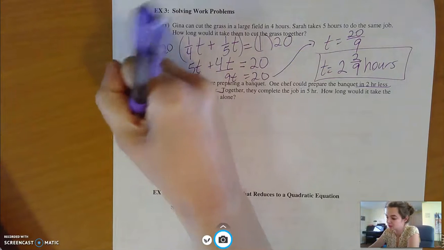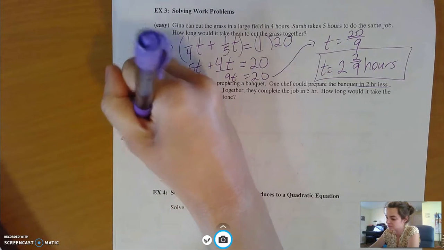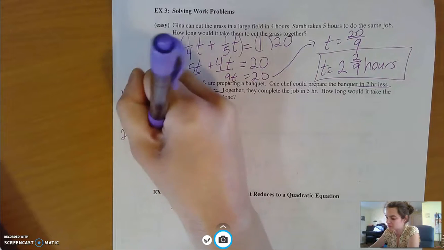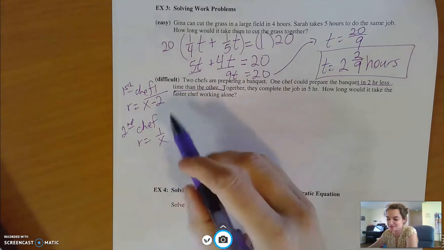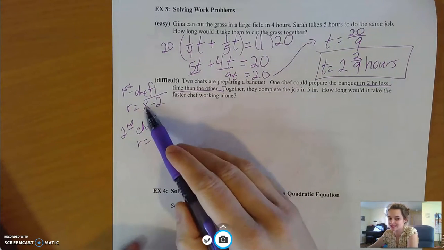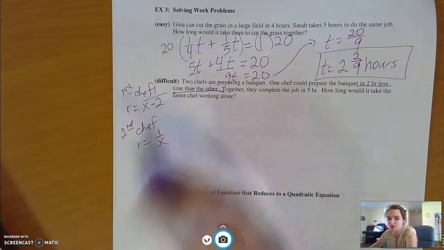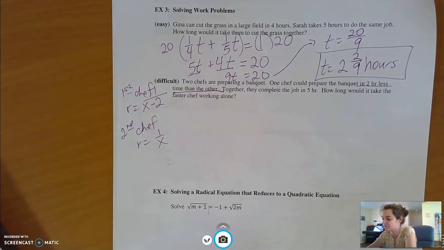And the second chef's rate would just be 1 over x. So one chef just takes x amount of time, the other chef takes 2 hours less than that, so it'd be x minus 2.